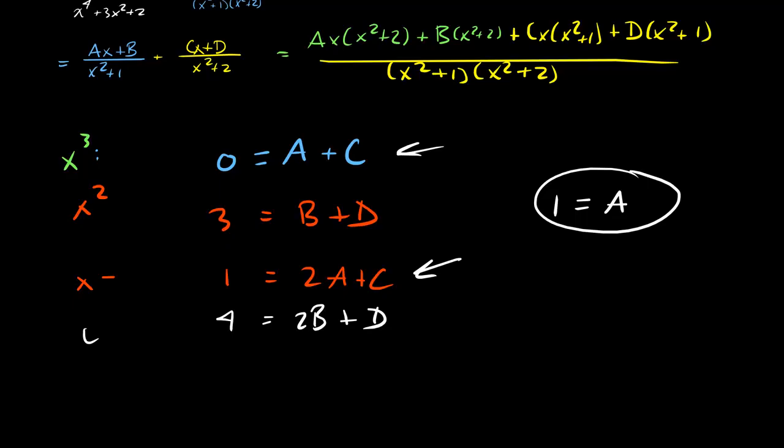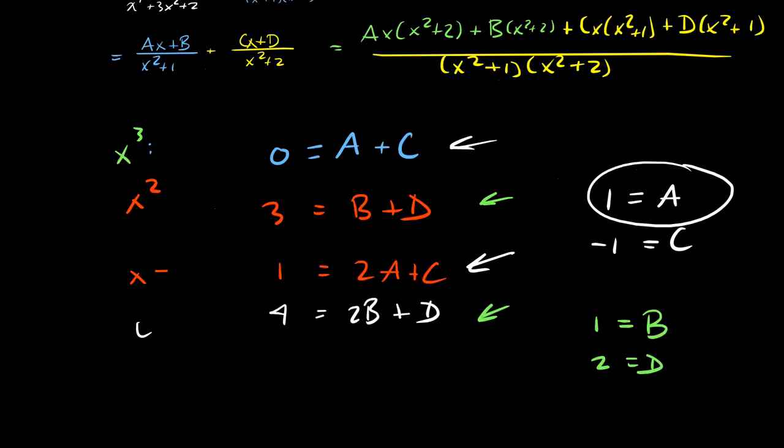And likewise, c would have to be the opposite so that they add to 0. We could do the same thing with these two terms here. If I did 4 minus 3, I have 1. 2b minus b is b, and d minus d is 0. And so if b is 1, d would need to be 2. So those are our terms.